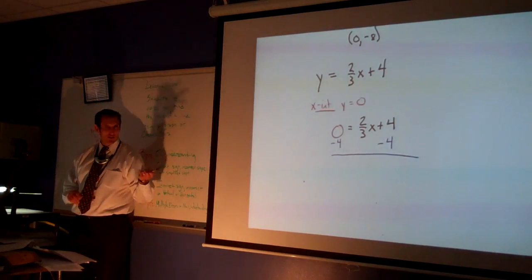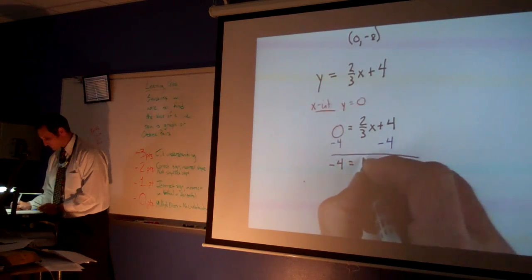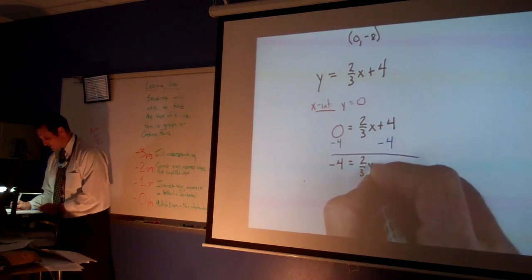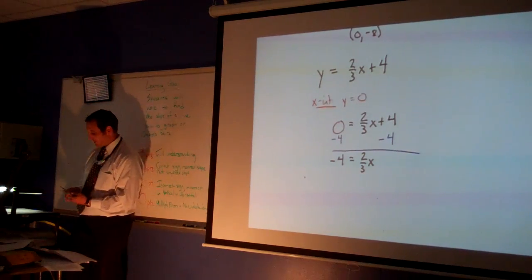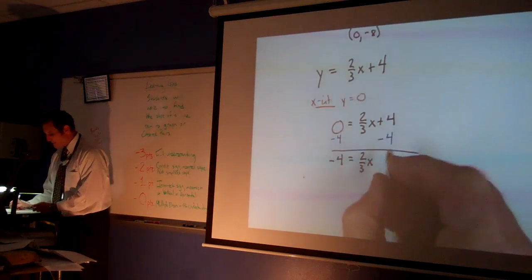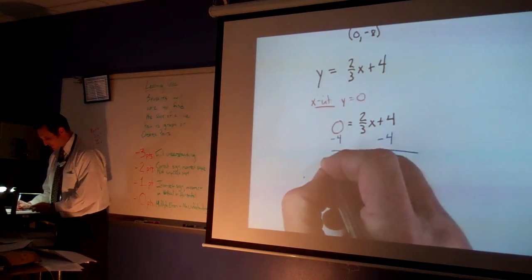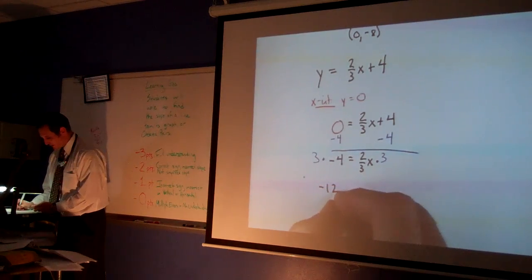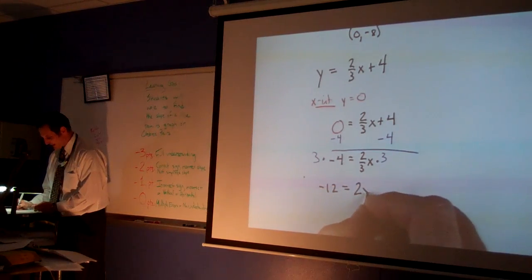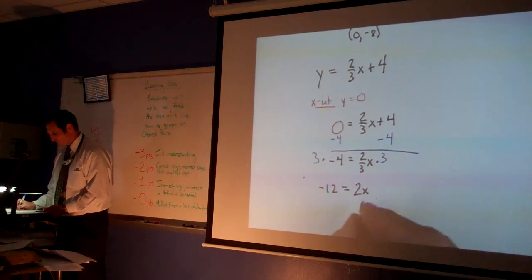And then we have 0 minus 4, which is negative 4, equals 2/3 x. Now we can undo the divided by 3 with a multiply by 3. So we multiply both sides by 3, and we will have negative 12 equals 2x. And now we can divide by 2.